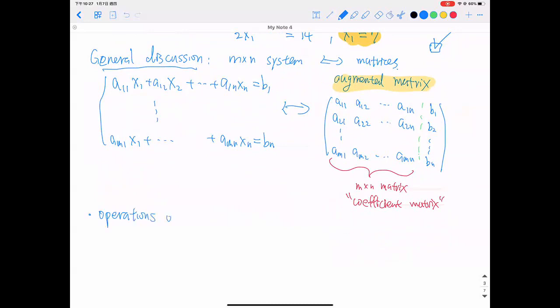Operations on linear systems give rise to operations on matrices.